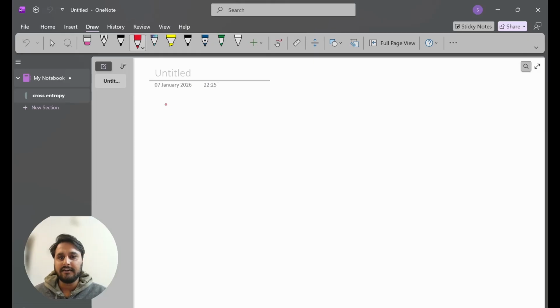So first, understand what is cross entropy. It is a loss function.